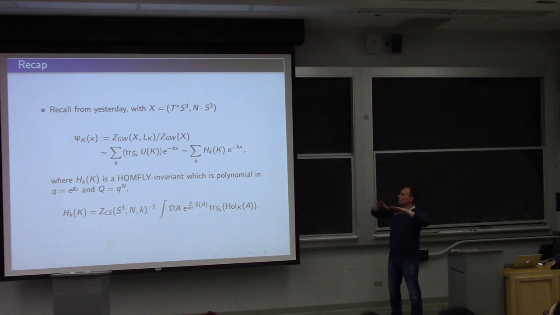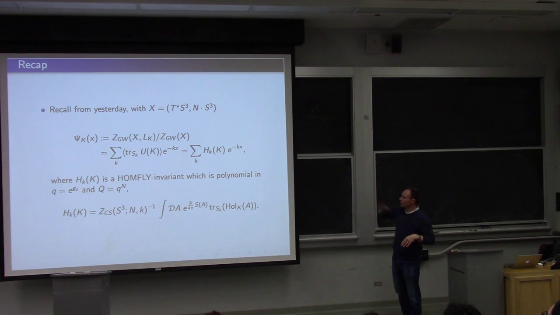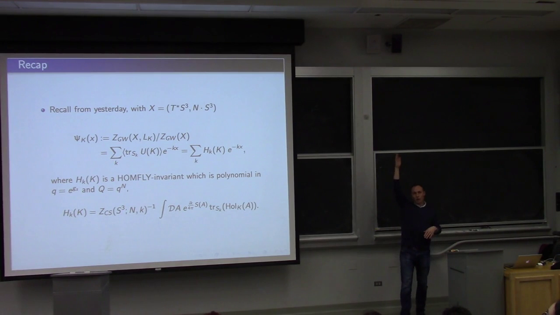Remember what we are doing: we take this T star S3, symplectic manifold, we take the zero section and put n Lagrangians there serving as boundary condition, and then we have one Lagrangian along the co-normal, and we count holomorphic curves with boundary on this Lagrangian configuration.